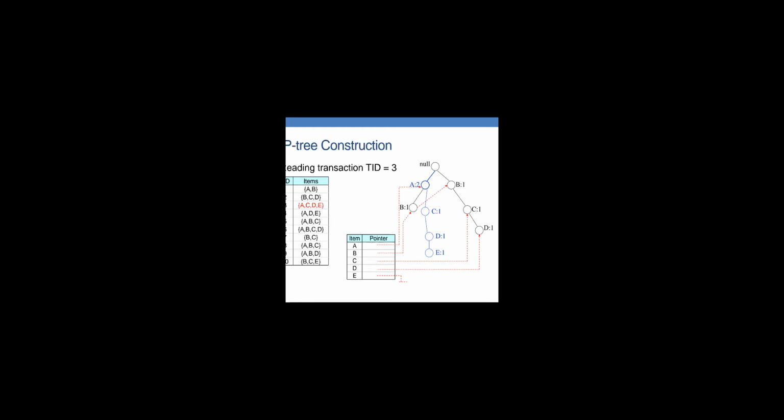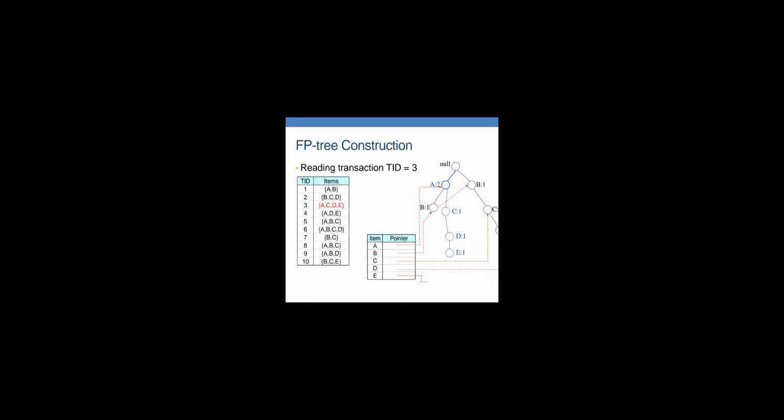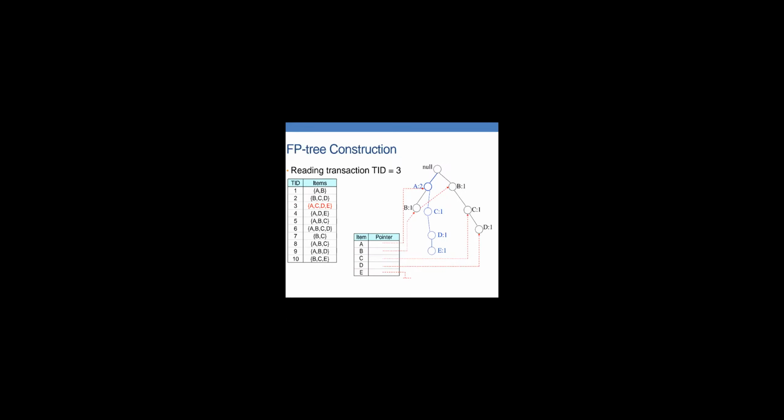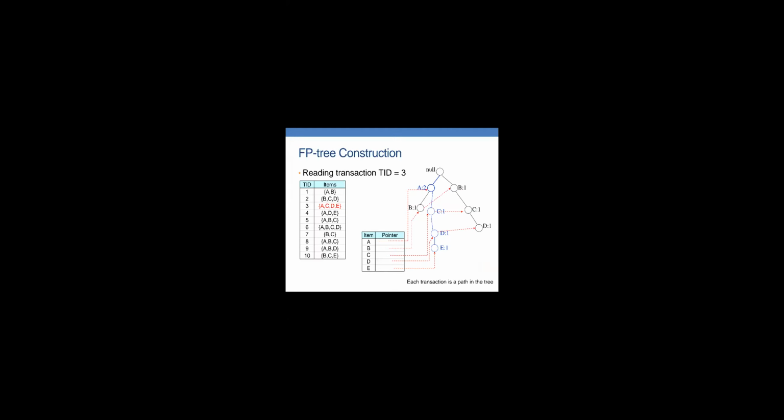So only those links are linked: C1 and D1 and D1. No other items need to be linked here. So after the completion of transaction 3, you can process like this. That is the way you have to construct the FP tree. And see here, these are the links: C1, D1, D1. Okay.